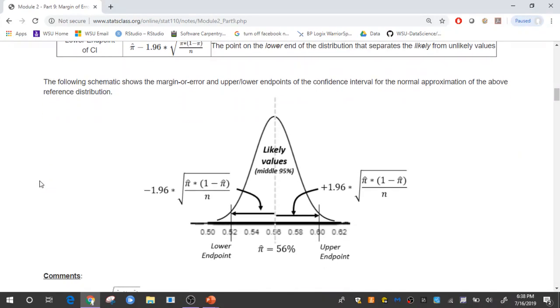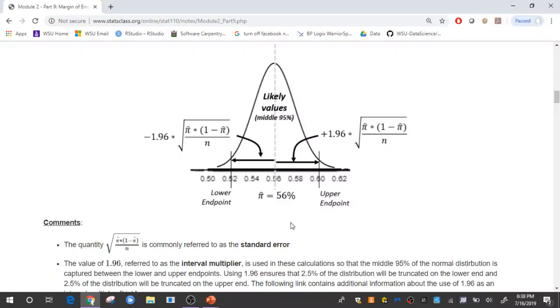So let's look at just a schematic with the reference distribution that I obtained up above. The middle of that reference distribution sits at pi hat equal to 56%. From that middle, I have my positive margin of error, and then I also have my negative margin of error going this direction.